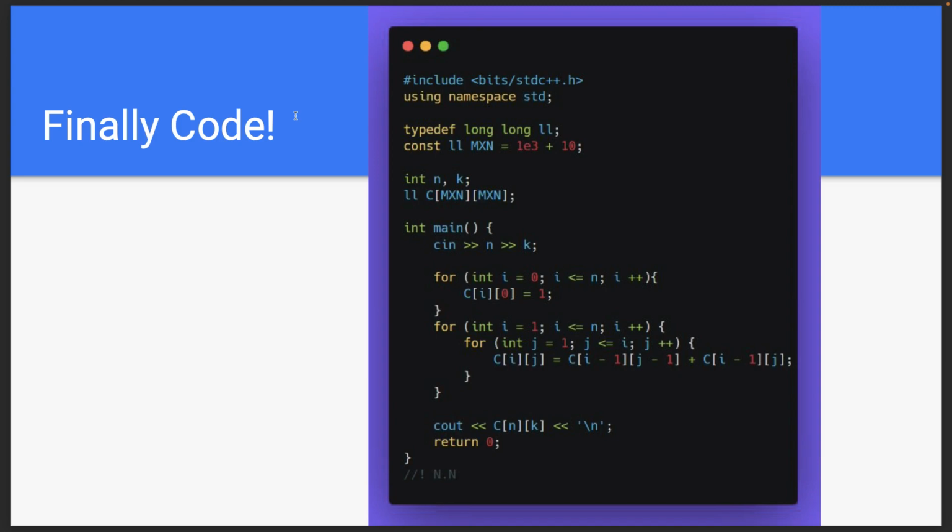So here we should calculate C for other i's. We iterated from 1 to n in i, and for each j we calculated C i j like that. The thing I want to mention here is that when you are updating your C i j, the things after the equal sign should be calculated before.